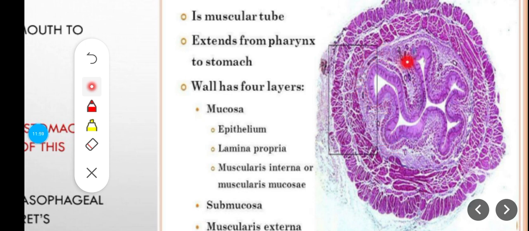Not that the connective tissue doesn't contain cells. It does contain cells, but the cell components appear scant in regular connective tissue. But in the esophagus, you can see clearly staining structures. These ones represent the esophageal glands, which secrete mucus.